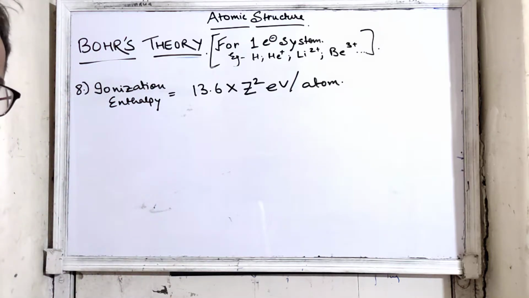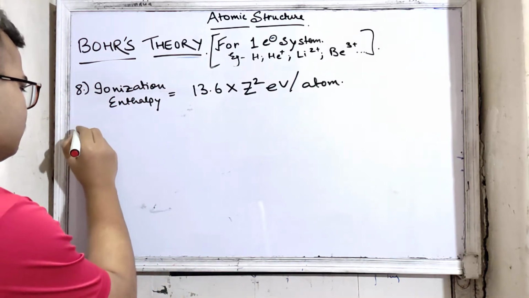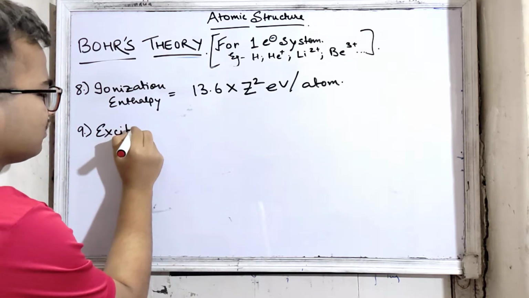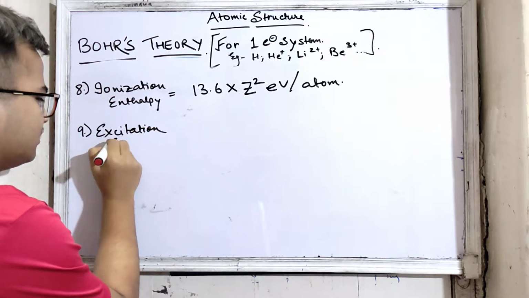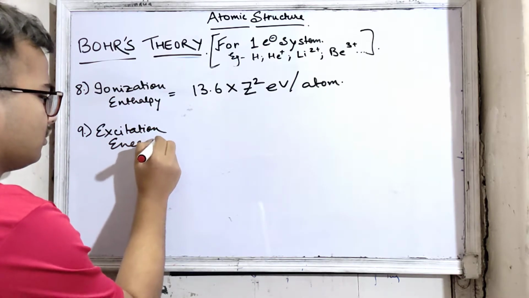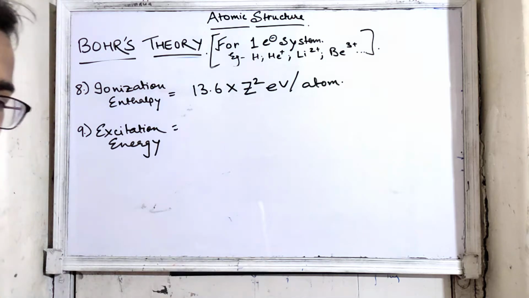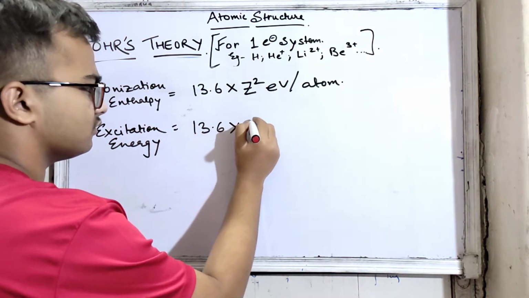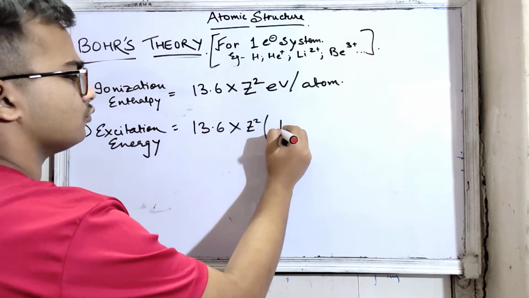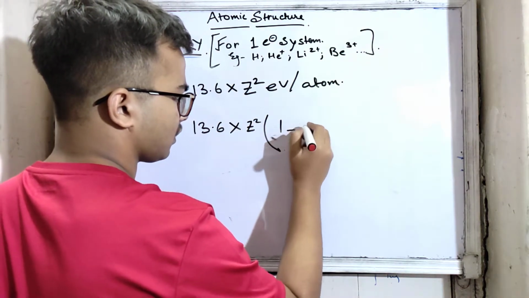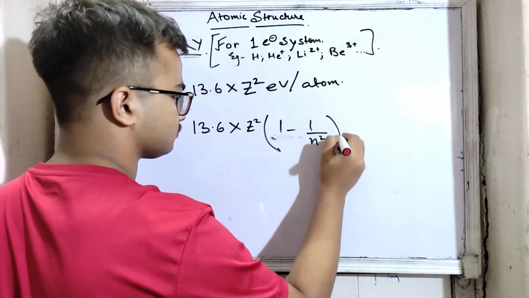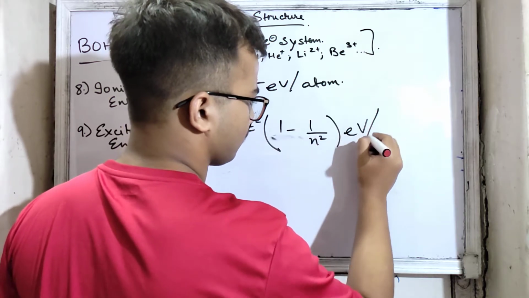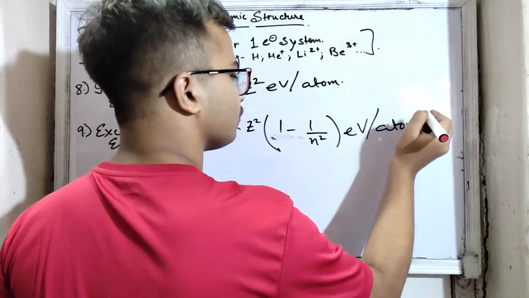After ionization energy, we come to the formula of binding energy, or let's do the formula for excitation energy before it. So the formula for excitation energy is 13.6 into Z square into 1 minus 1 by n square, and this is also in electron volt per atom, right?